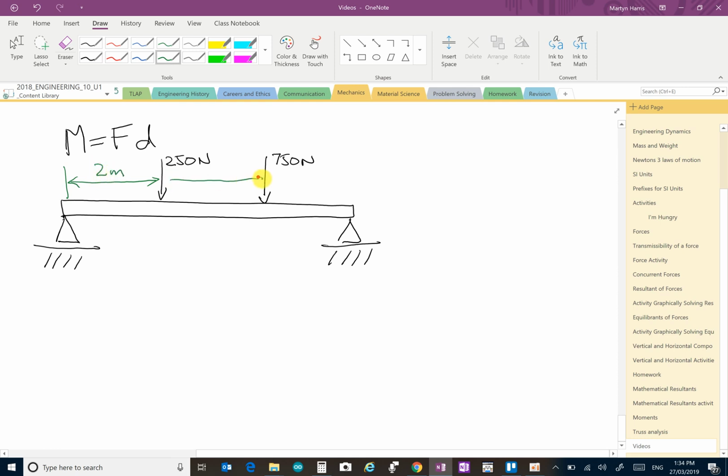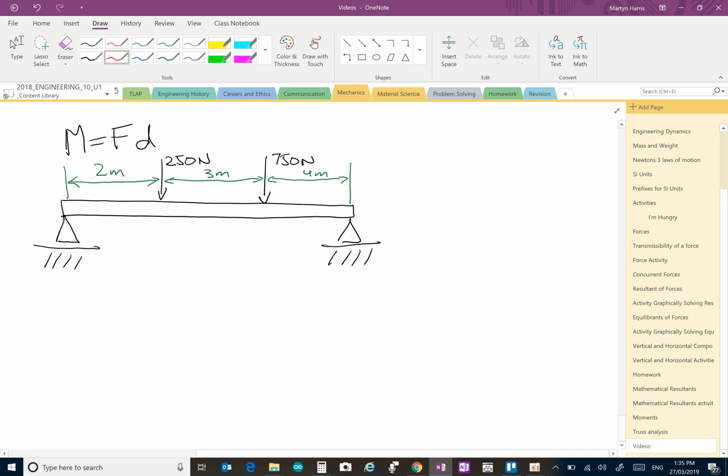Then from force to force is 3 meters, and from the last force to the other support, or other fulcrum, is 4 meters. Obviously it's not an accurate drawing by any stretch of the imagination, but we're going to think of it that way.